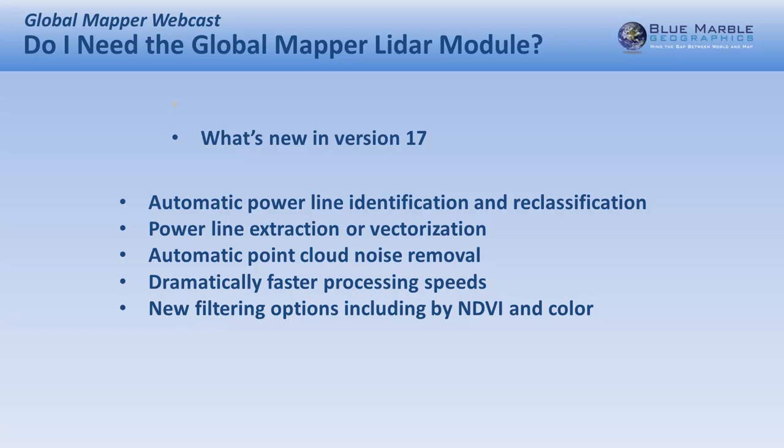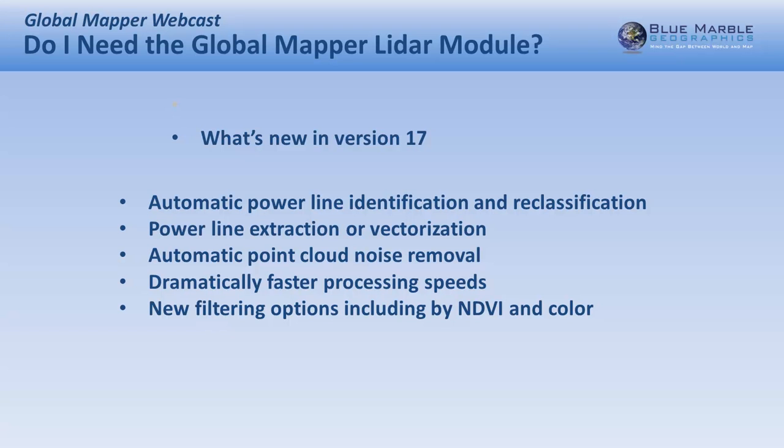I have some very interesting data we're going to work with a little later to identify and reclassify power lines. Before you get too excited, one of the caveats is that your point cloud needs to be fairly dense. Some of the freely available point clouds, for instance some of the data available through the USGS Earth Explorer site, probably won't have the density of points that will allow you to do this effectively.